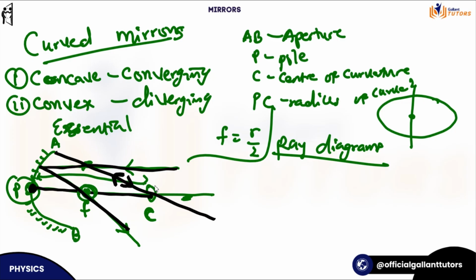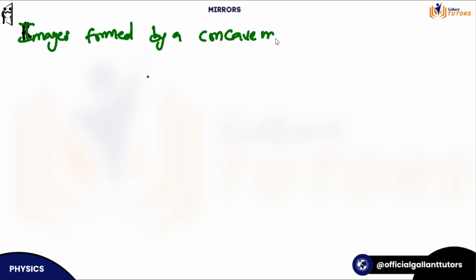Now, images formed by a concave mirror. There is a principle you have to note: the image formed is heavily dependent on object position.